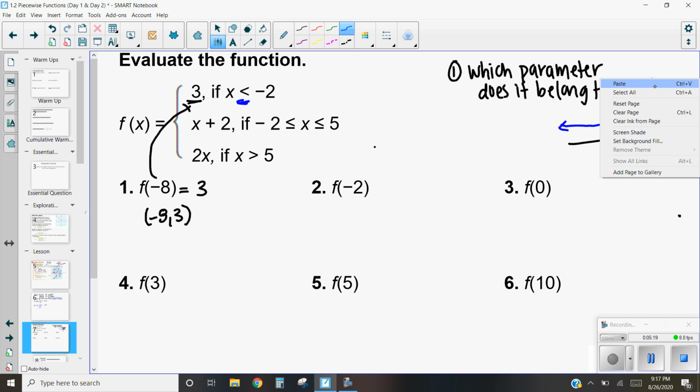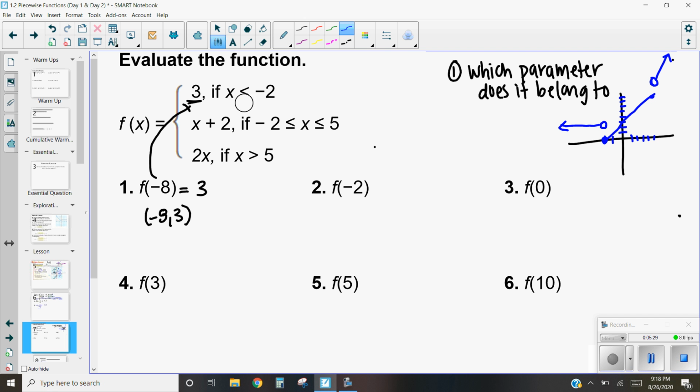So then we're going to have an open dot here and a line that's a little bit steeper that looks like this. So this over here is kind of what our function looks like. So now we want to know what parameter it belongs in, and then substitute for x, if there is an x. In this case, where there wasn't an x, that's just what it equals.